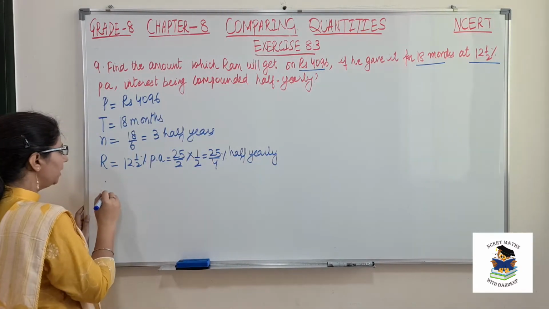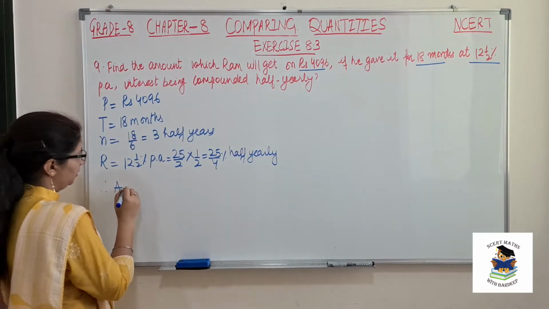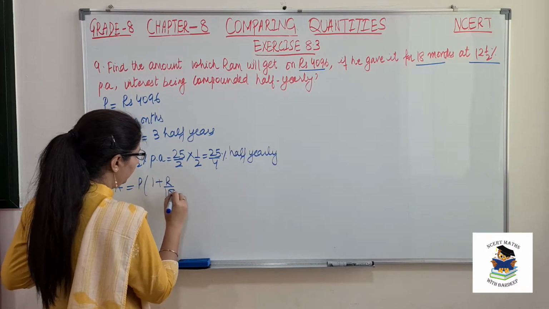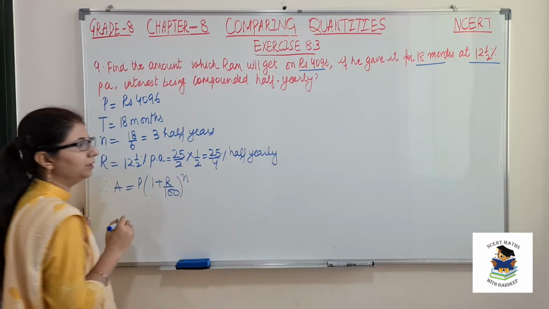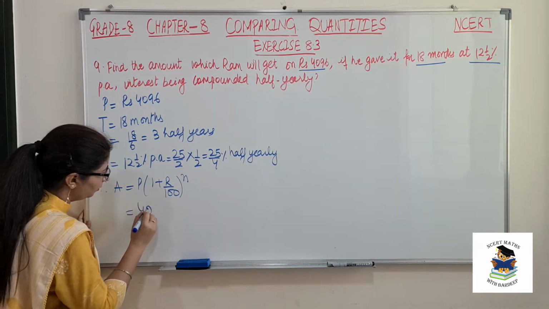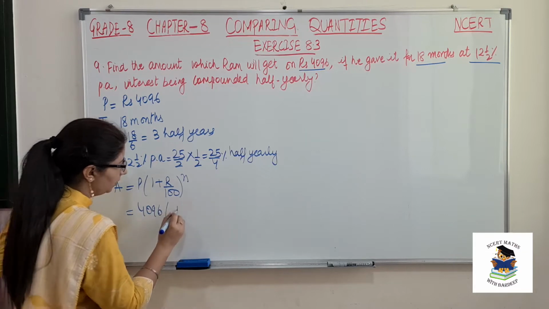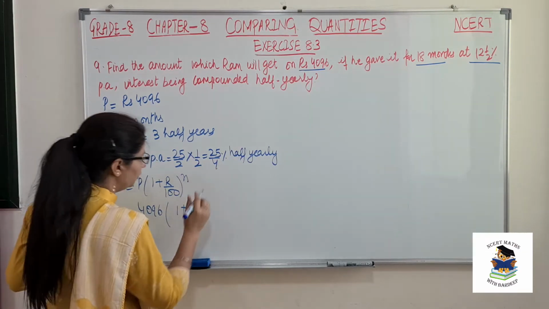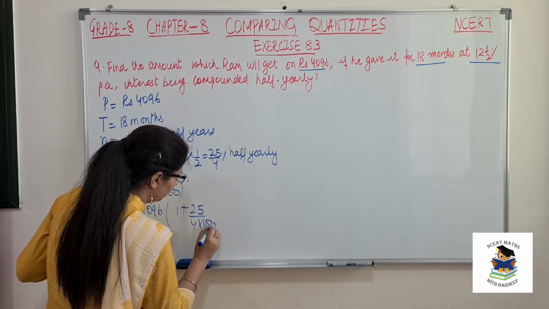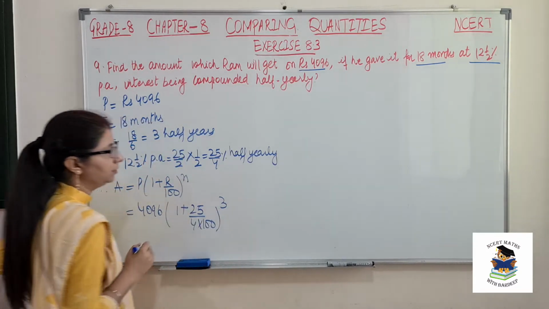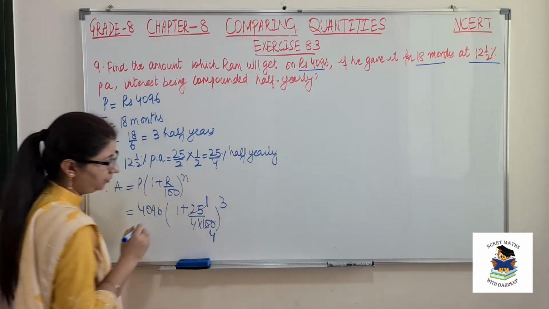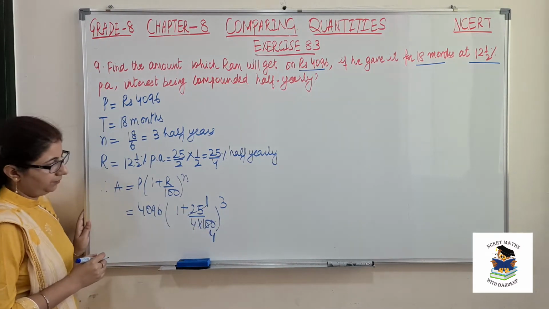So now what is the amount? This is P into 1 plus R by 100 raised to power n. Now let's put the values. This is 4096, R is 25 by 4 over 100, raised to power 3. So 25 ones are 25, 25 fours are 100.